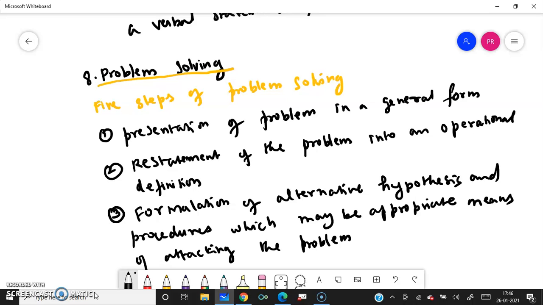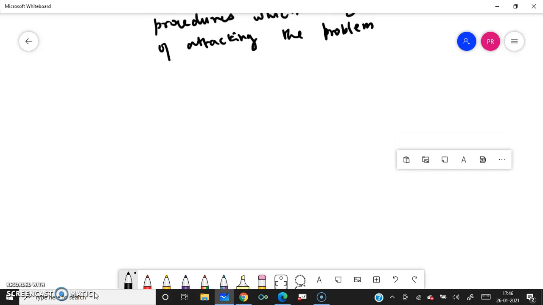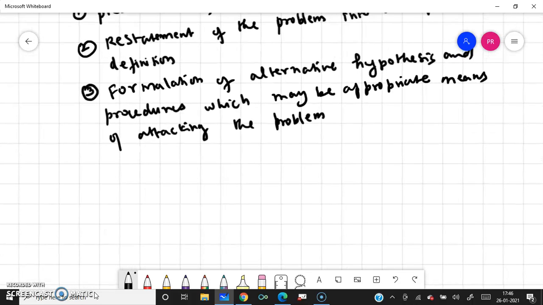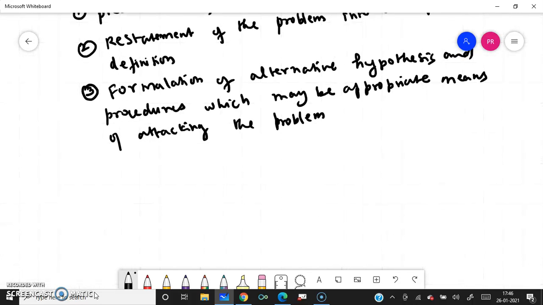That is the plan. We can say the child is making a plan to solve the problem. This is the plan I'm going to follow, forming the alternative hypotheses, and some sort of plan is made. Now the hypothesis is made, and whether it is correct or wrong, we have to test it. Therefore, testing the hypothesis is the 4th step.